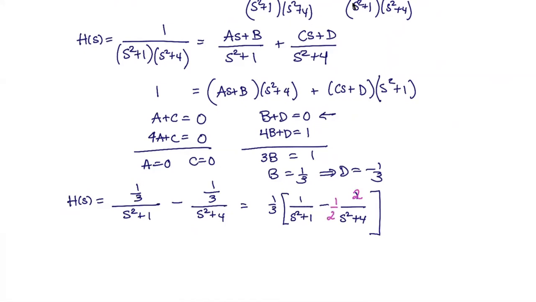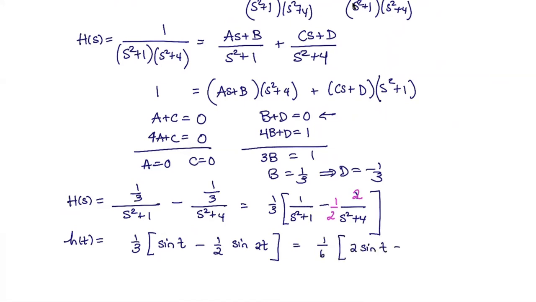And now I'm ready to take the inverse Laplace transform so that I find that h of t is equal to 1/3 times the sine of t minus 1/2 the sine of 2t. And go ahead and pull out the 1/2 so that you get 1/6 times 2 sine of t minus the sine of 2t. And that's your h of t.